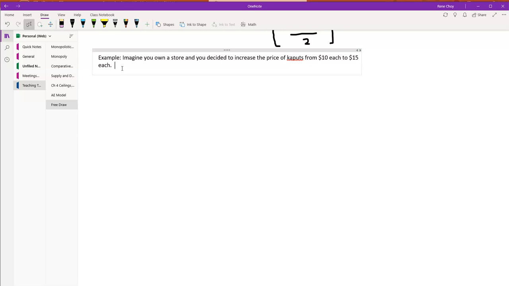All right. Now, of course, every time the price of a product goes up, less people are going to buy it. So afterwards, you'll notice that quantity demanded declined from 1,500 units sold to 1,400 units sold.